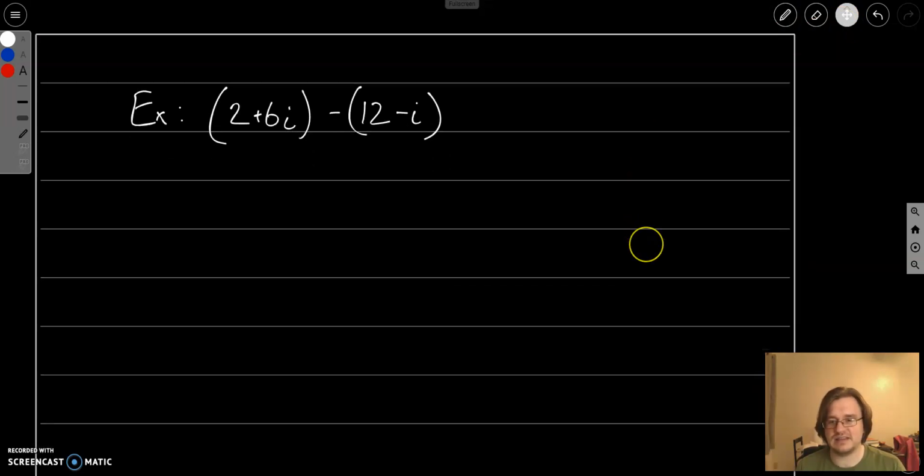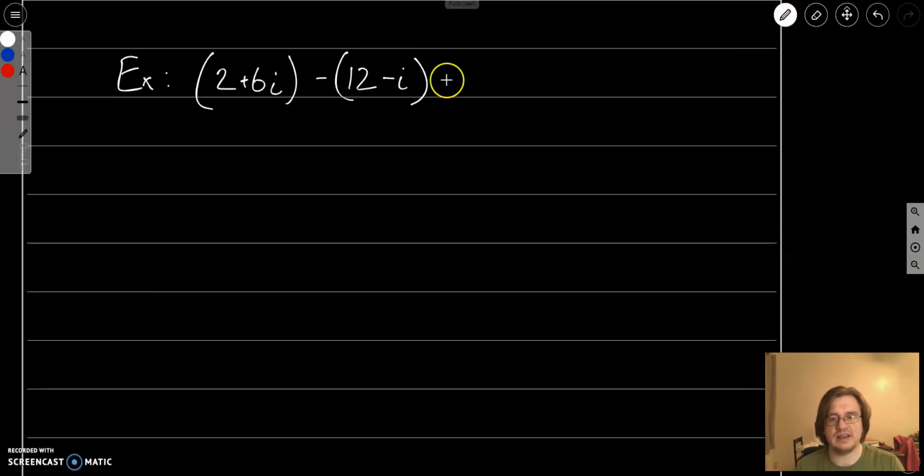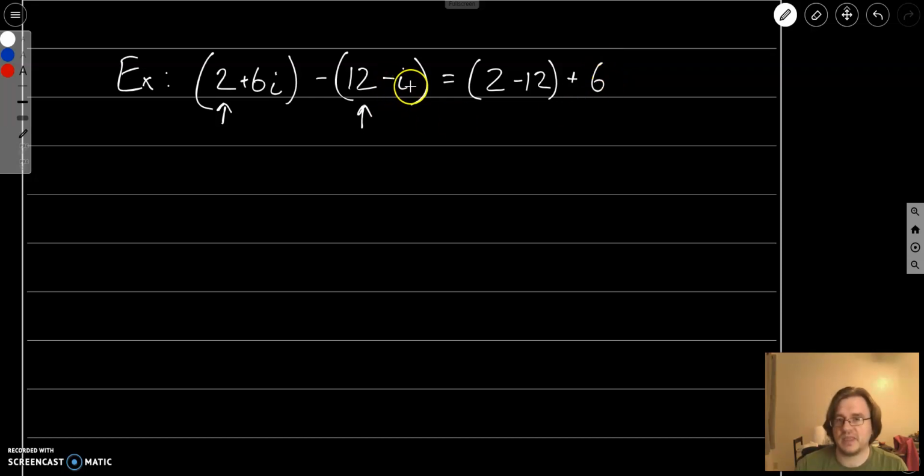The last example, we'll just subtract. And again, to do this fairly quickly, we have the two real parts, and let's subtract them. So I'll take 2 minus 12. And then I'll have the imaginary parts. I have a 6, and here I have minus i. So we can think of this as minus 1i. And I've got to subtract it, so I'm subtracting a negative 1.